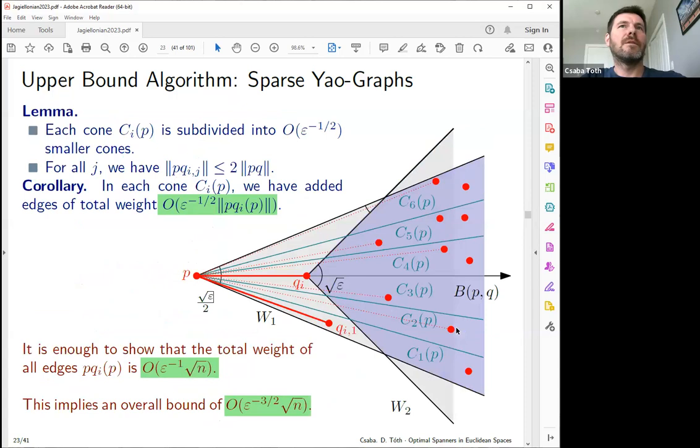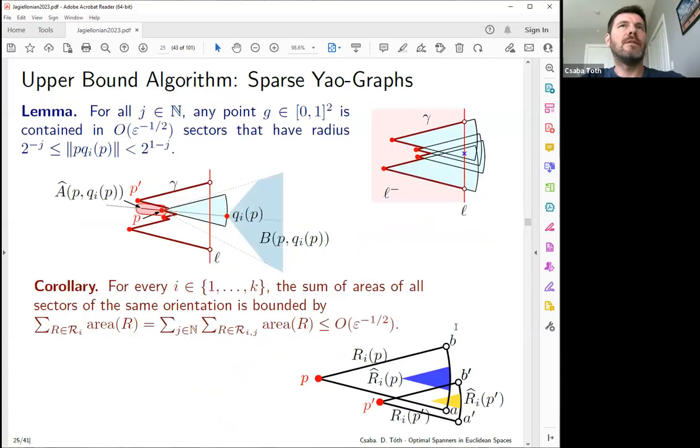And that's what we use here in this argument, that in this y-monotone curve, the vertices of the curve are separated. So if we talk about sectors of comparable size, then the separation between the vertices is at least something like epsilon to the 1 minus 1/2.